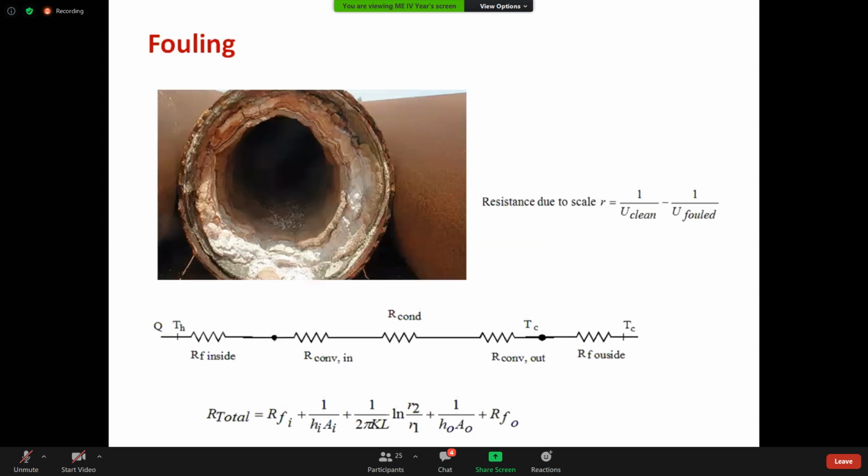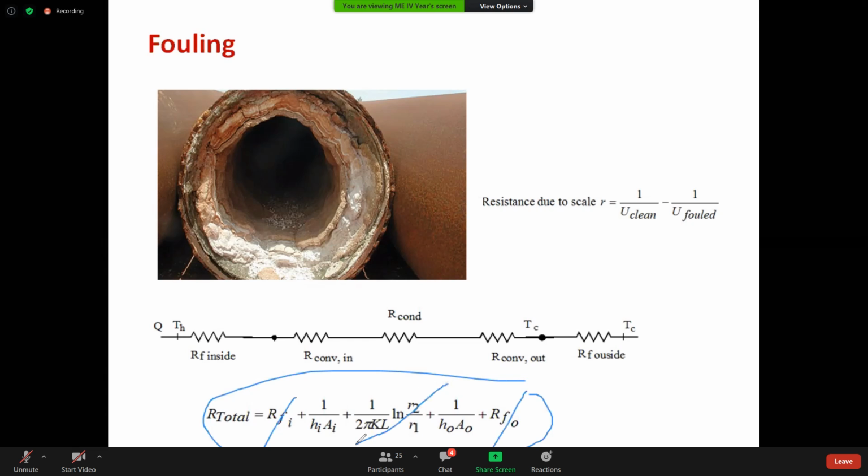Yeah, so this one is crucial. This is very crucial. In the problems these fouling resistances are not given. Even thermal conductivity resistances are not given. R total, if you know, you can calculate. Right, 1 by Hi, 1 by Ho. Just based on this only we can go.